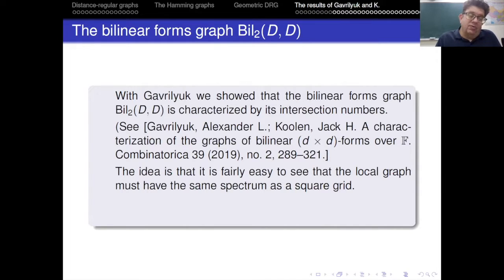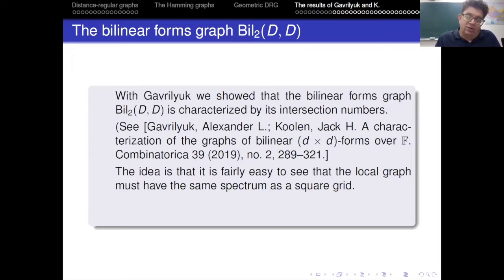The local graph must have the same spectrum as a square grid. Because in this case, you have again a double root for the Terwilliger polynomial, and the positive eigenvalue is either A1, or it lies between -1 and -3.